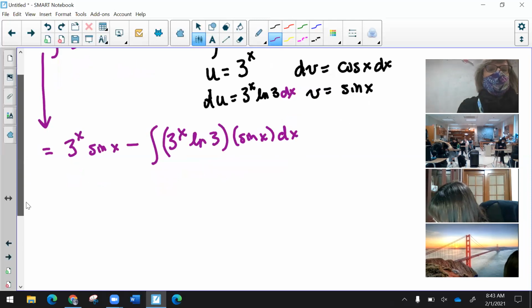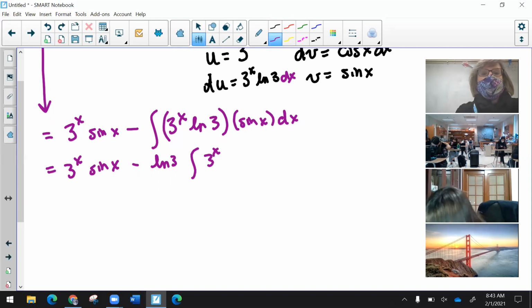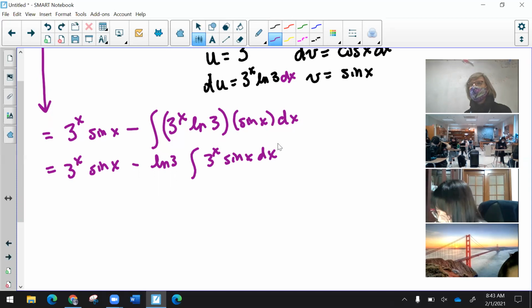What are you going to do? I'm just going to clean this up a little bit. I'm going to bring that natural log to that side, just so that it doesn't clutter and get in the way. So, we come to an integral.